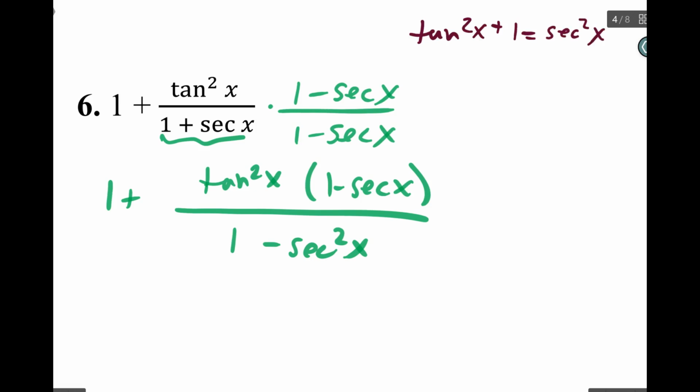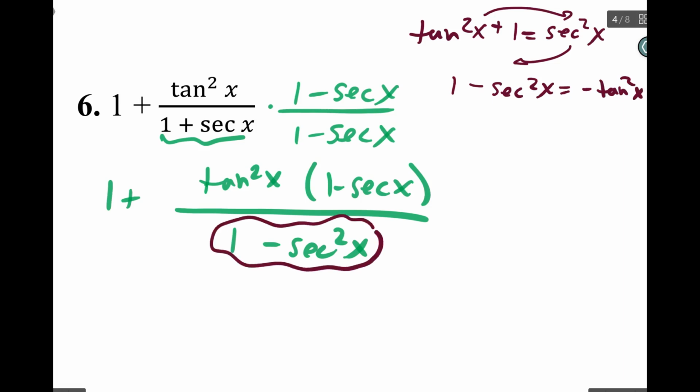If I put tangent on the right side and secant on the left, I subtract secant squared x from both sides so it's on the left. And to get tangent to the right side, I have to subtract it, so it's going to be minus tangent squared x. So now I see 1 minus secant squared x is equal to negative tangent squared x.